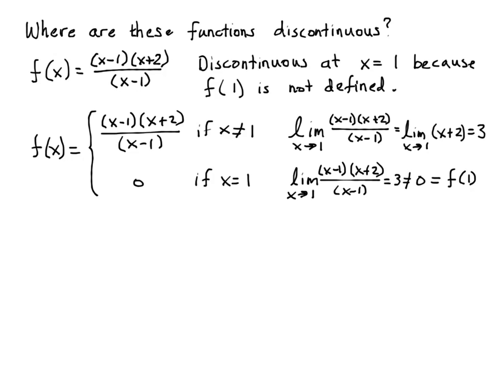Now the second f of x here, when x equals 1, I'm defining my function here. So I'm going to plot that point as that. So it's discontinuous. We go along this line, and then all of a sudden the function makes a jump down to this value, and then if we move off the value, then it continues along its line. So this is discontinuous as well, because the limit as x goes to 1 is not the same as f of 1.